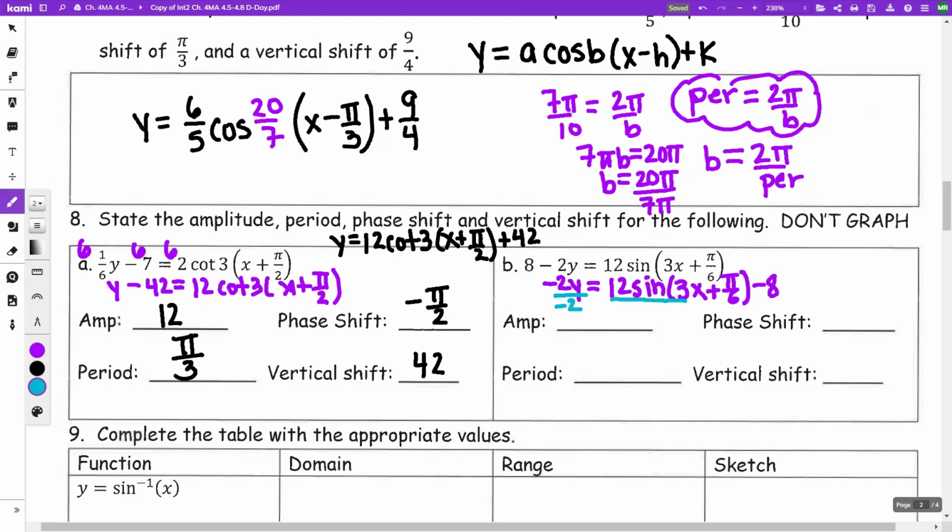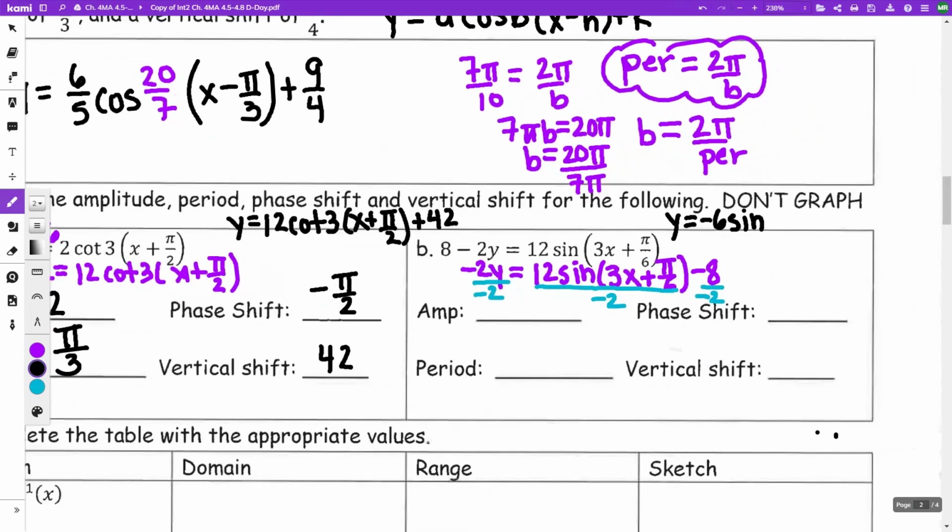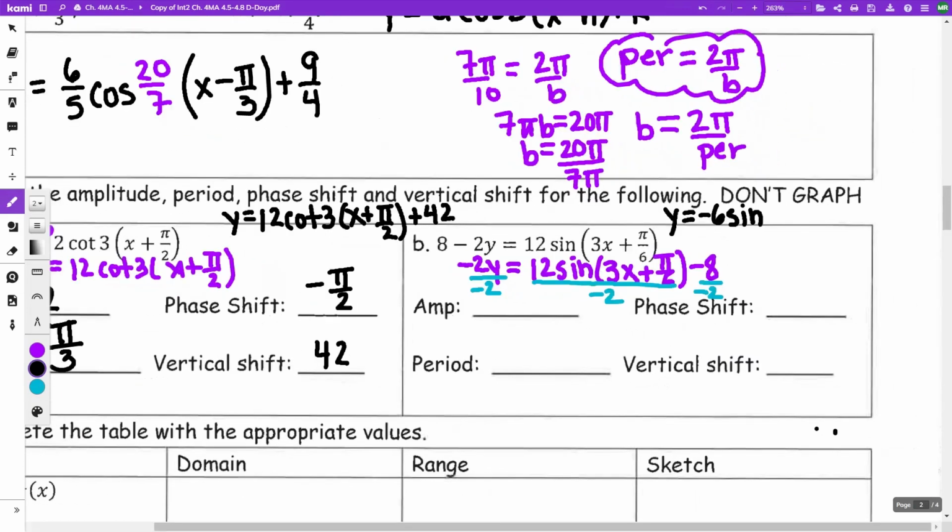I'm going to divide this whole thing by a -2, and I'm going to divide this by a -2. So I'm going to get y is equal to a -6 sine of 3x plus pi over 6. And then I'm going to get a plus 4 when I do that math.